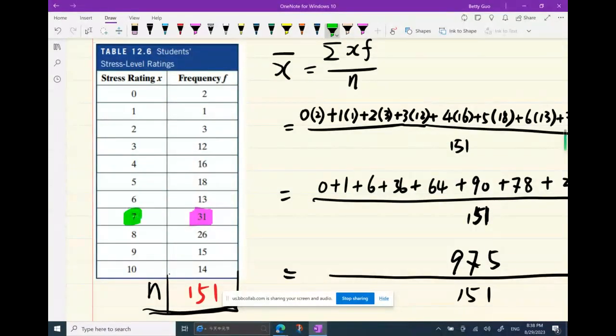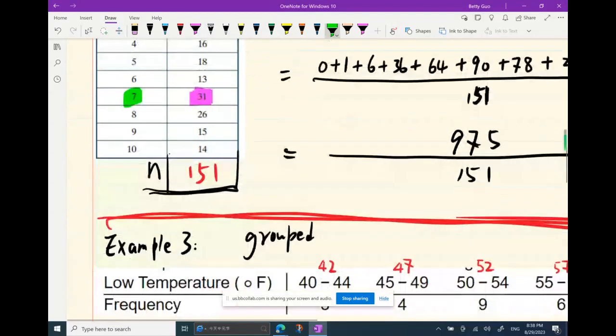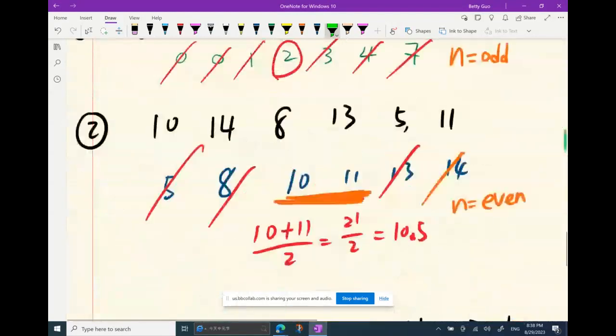So what's the mode of this data set? Is the mode 7 or is the mode 31? The mode would be 7. Perfect. It's not 31. 31 is the frequency. The mode is a value, the one with the biggest frequency. Very good. So let me give you another example.